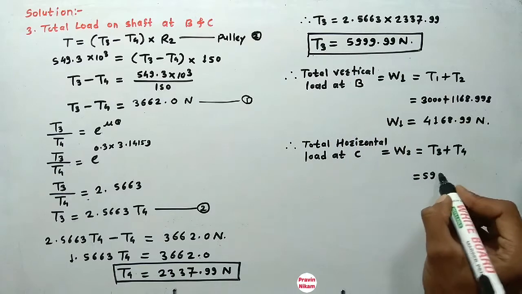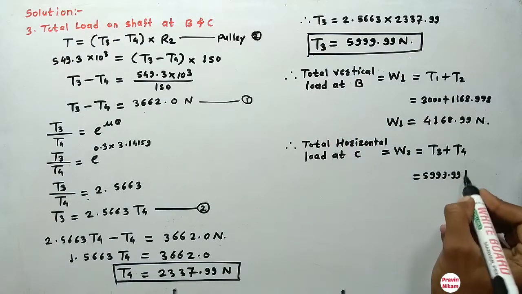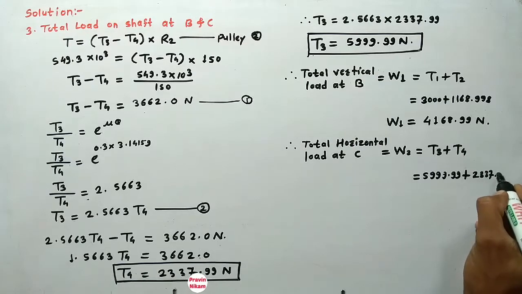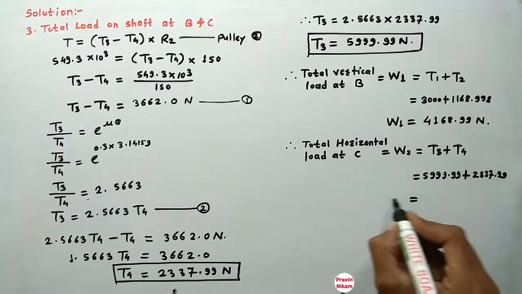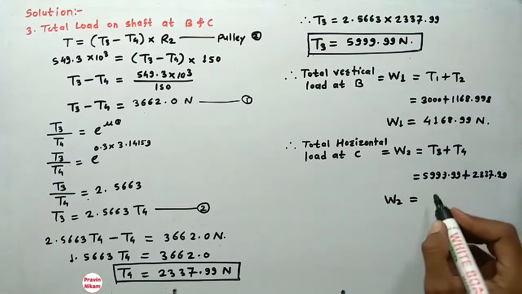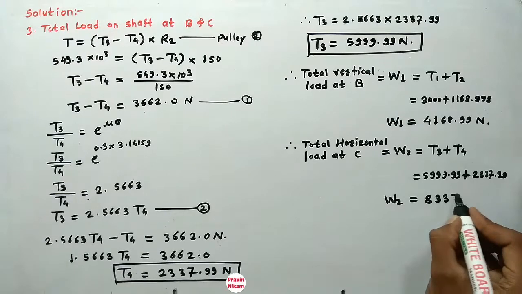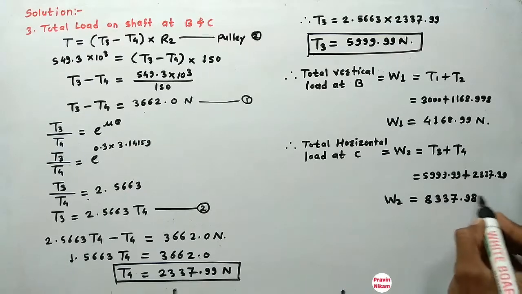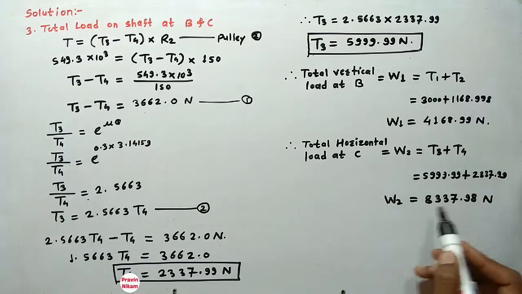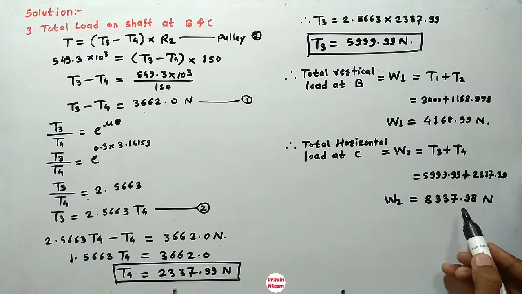T3 is 5999.99 plus T4 is 2337.99. So friends, W2 becomes 8337.98 Newton. So this is the total horizontal load at point C.